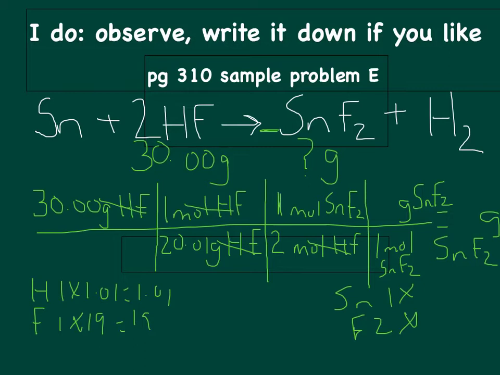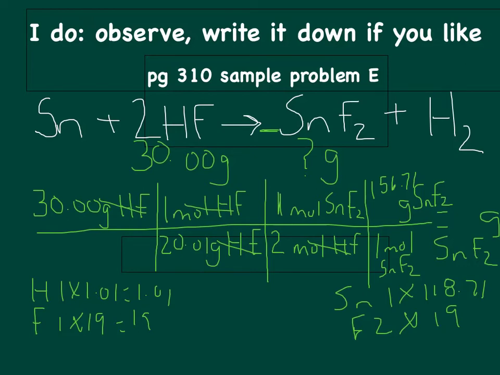So tin is 118.71, and we already had F was 19. And so when we add those together, we should get 156.71. Alright, get your calculators out and or look in the book for the answer.